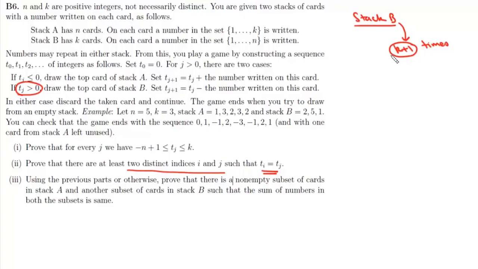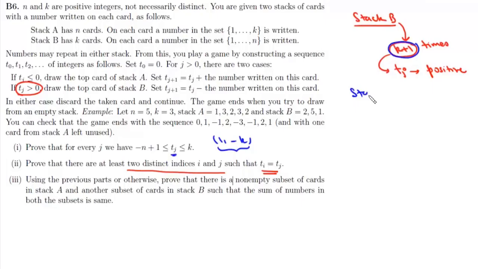So for each of these k plus 1 times, the value of tj is positive. Now in the first part, we have proved that the value of tj lies between minus n plus 1 and k. So the positive values are from 1 to k. So we have only k distinct positive values. And if we have k plus 1 positive values, then at least one of the values must be repeated. So there'll be at least two different indices i and j such that ti equals tj in this case.